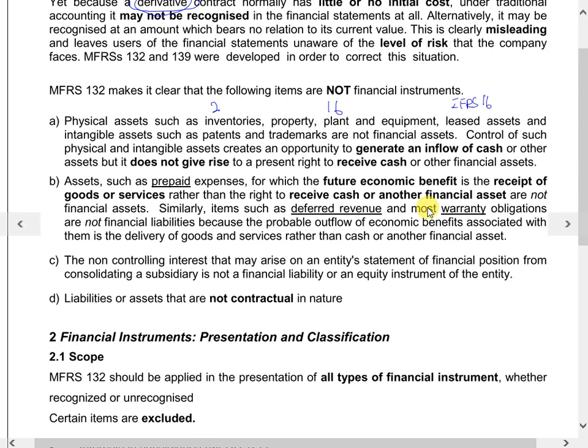Right-of-use asset: you must recognize the asset and recognize the liability. Intangible asset, IAS 38. So all these are not financial assets.